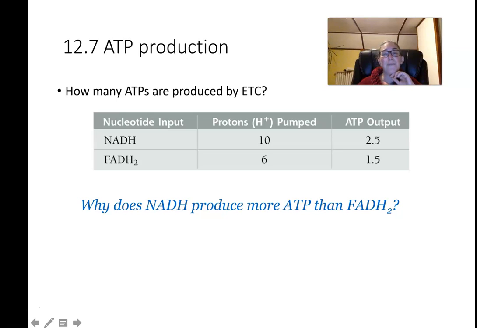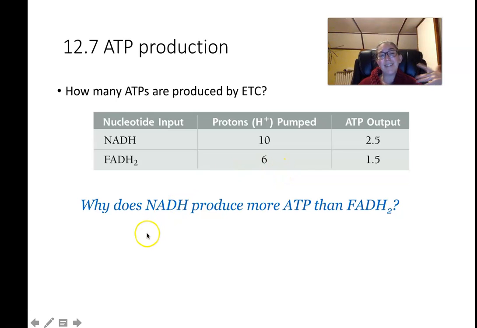Alrighty, so now let's do an ATP count again. So we said that NADH and FADH2 deliver the electrons that electrically energize the electron transport chain. So NADHs result in roughly 10 protons being pumped, and FADH2s result in roughly 6 protons being pumped.